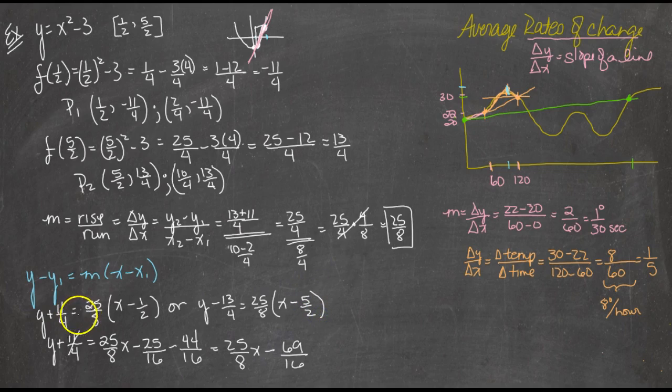So I could have started with either using P1 to plug into my point slope form of an equation, or by using P2 to plug into my point slope form of equation. The important thing is recognizing that this is the point slope form of the equation, and that it is not unique.